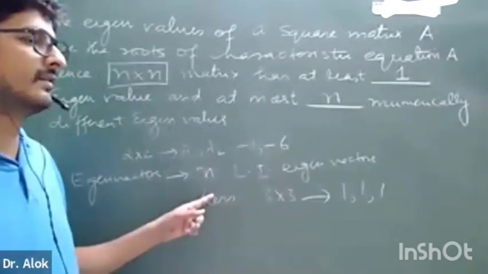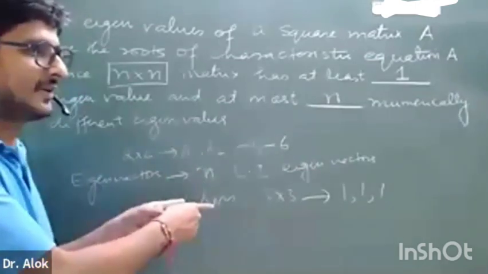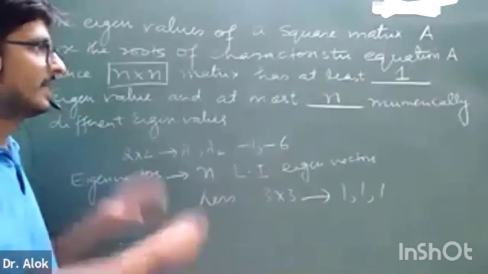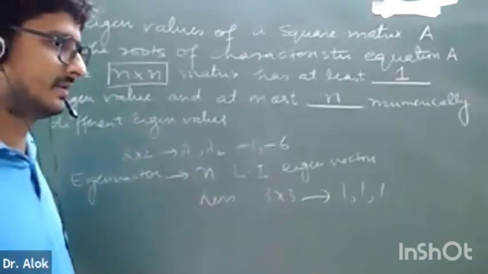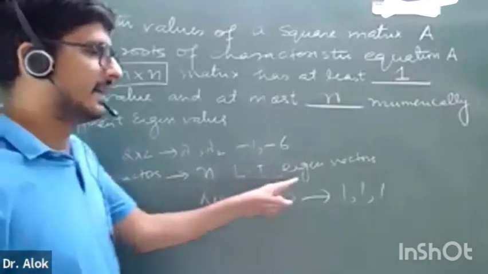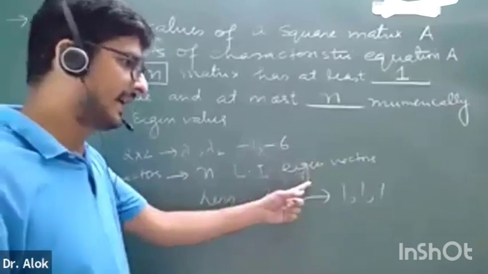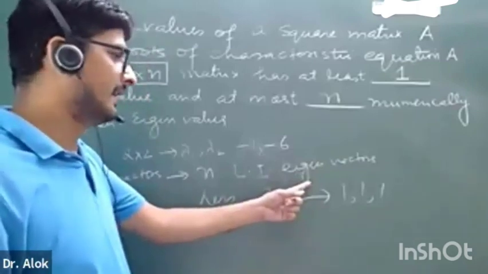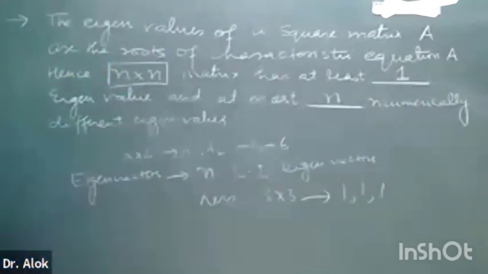So then what was the answer? 1. This is a previous year question. Please see this carefully. When this comes as a language and things are not clear, you will not be able to write. There is a possibility of getting n linearly independent eigenvectors, but there is also a chance that you get less than that. Okay?